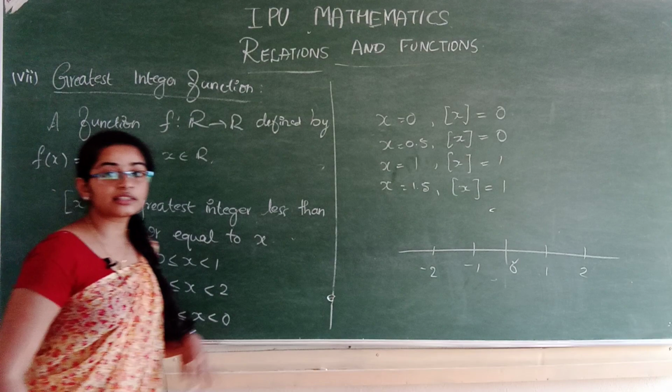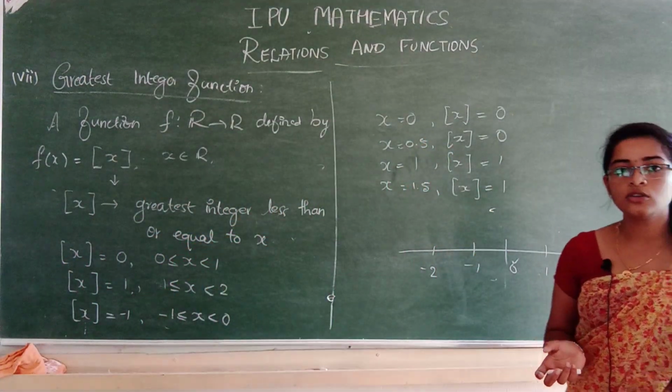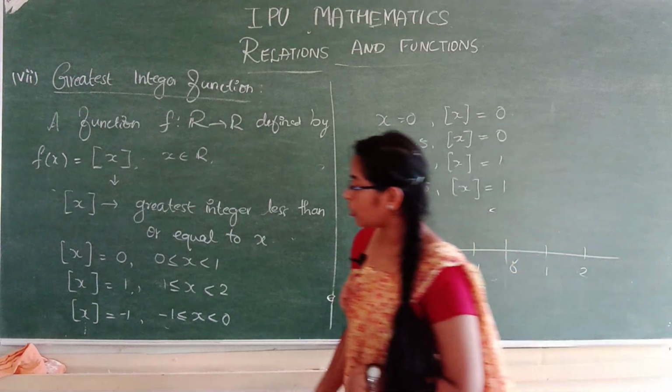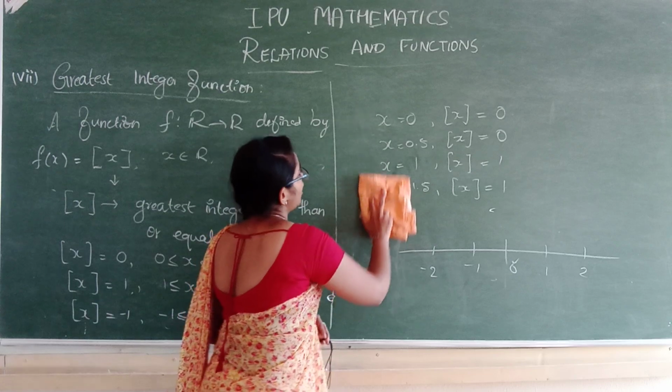So I hope this is clear now. Is it clear for you? So let's move on to draw the graph of the greatest integer function. How to draw the graph?